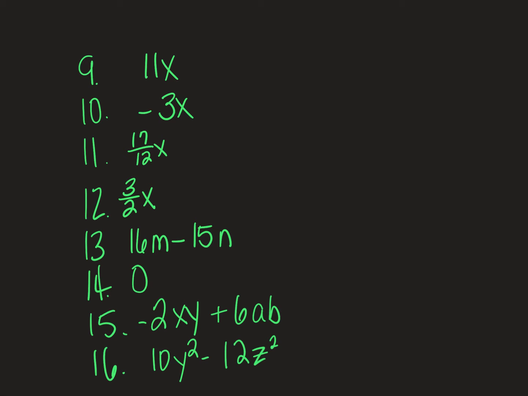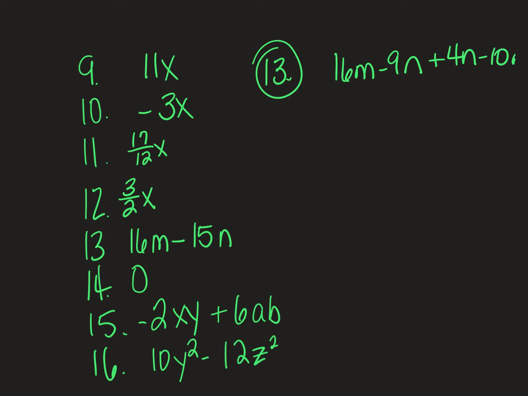All right, questions. Number 13, here's the problem: 16m minus 9n plus 4n minus 10n, as in Nancy. I'm going to look at what I can combine. I can combine these 3 because they are like terms, with the same variable and the same exponent.